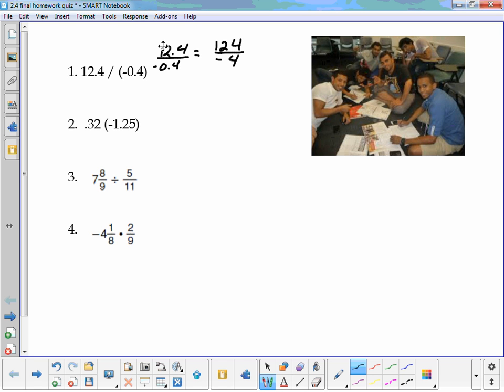Okay? And the key thing is when we get done dividing, we don't have to change. We don't have to move any decimal points. When we get done dividing, our answer is what it is, because we have to agree that the quotient of both of these two numbers is the exact same. Okay?